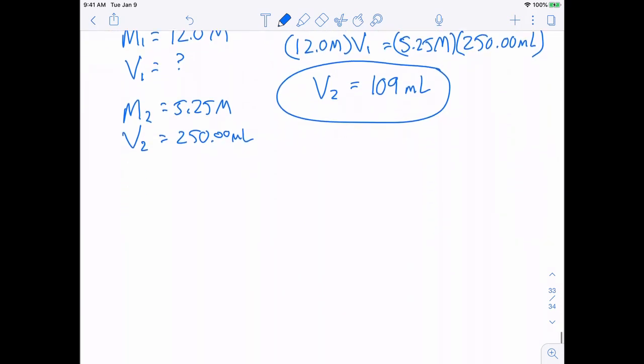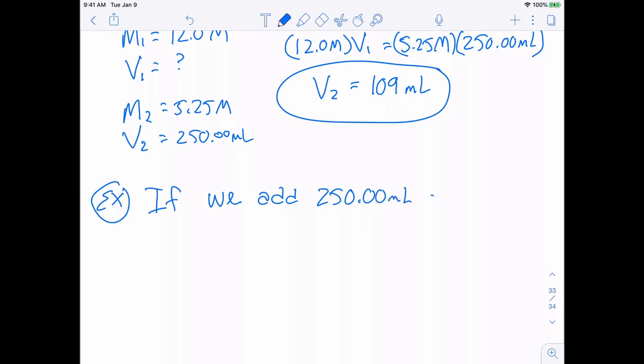Let's do one more. I said I would, where I actually give you the 2 volumes. So let's do, if we add 250.00 milliliters of a, let's do a 3.84, I'm just making stuff up, molar sodium hydroxide solution to water.